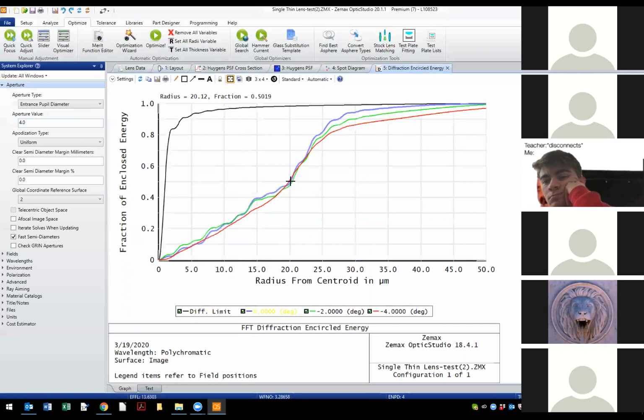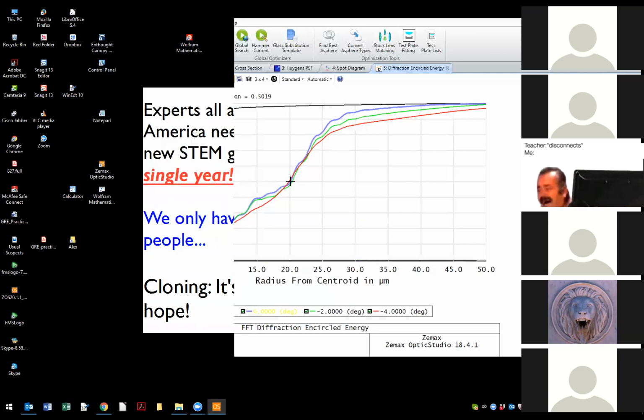So what we're seeing is that not only do the geometrical optics calculations get worse when the aberrations are worse, but the wave optics calculations get worse too when the aberrations are worse. Any guesses as to why?